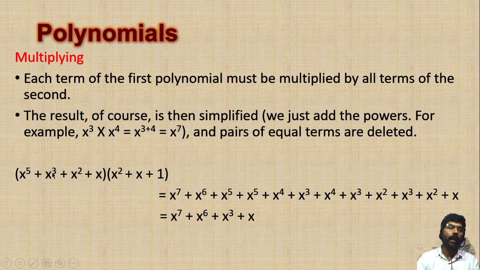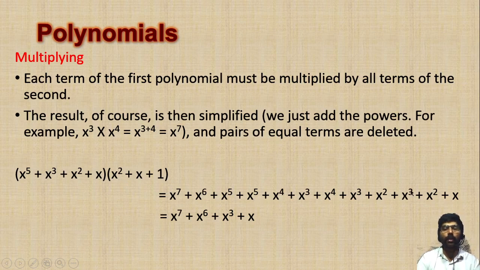In the same fashion, I have to multiply all these terms. Now x raised to 5 into x raised to 2 is x raised to 7. x raised to 5 into x is x raised to 6. x raised to 5 into 1 is x raised to 5. x raised to 3 into x raised to 2 is x raised to 5.